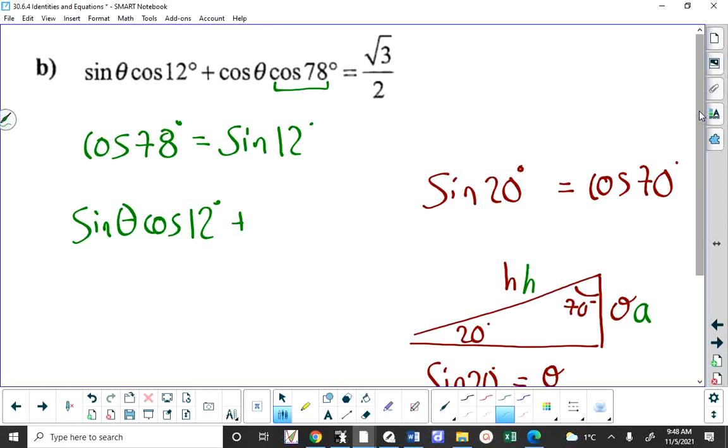Of course, I'm writing it as sine of 12. Well, how does the identity appear on your formula sheet? I better look. For the identity for the sine of the sum, is it sine of A cos of B plus cos of A sine of B? Okay, then we'll leave it alone. This is cos of theta sine of 12 degrees.